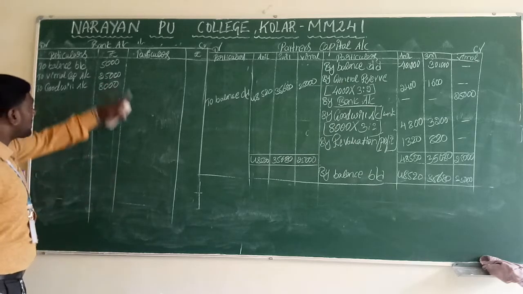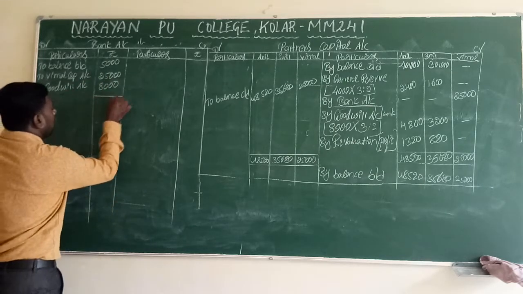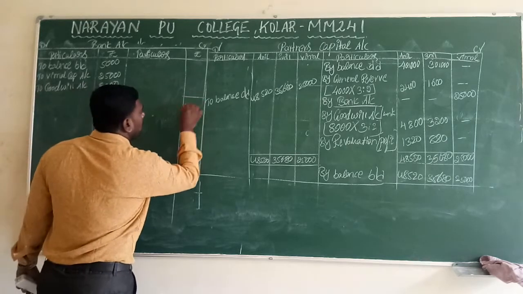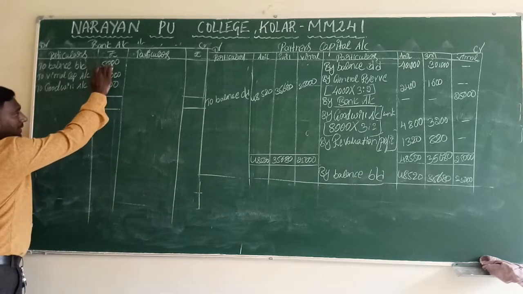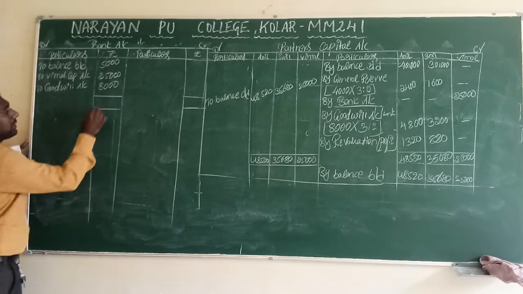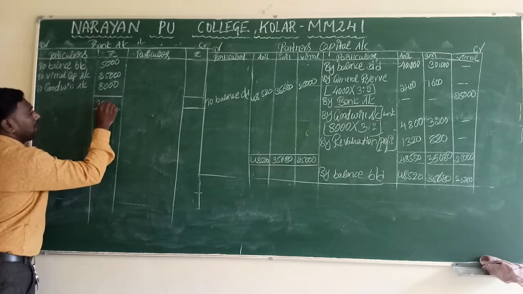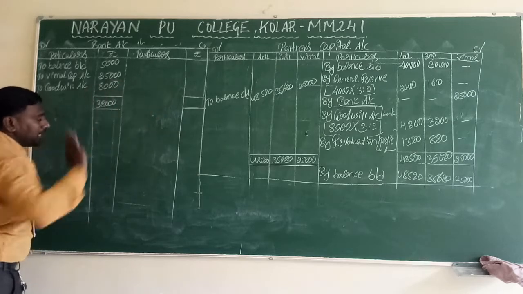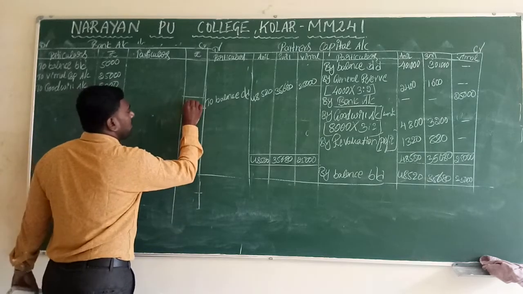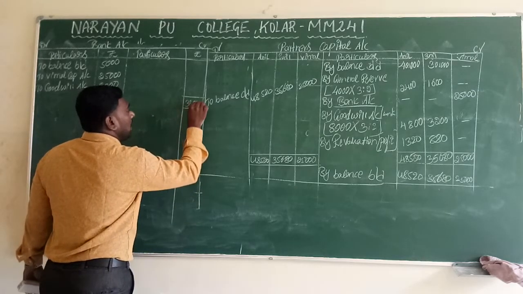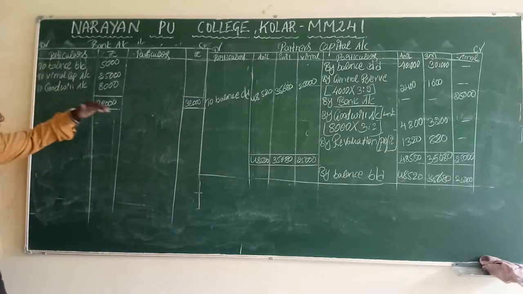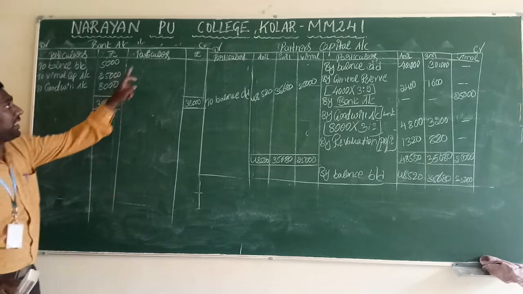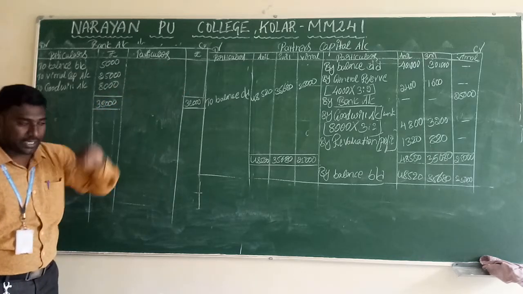So these are the amounts available in our bank. Now we are going to total this: 25 plus 5 is 30, 30 plus 8 is 38,000. On the credit side there is no difference. Suppose out of these values we are withdrawing any value, we have to record it here and deduct it.